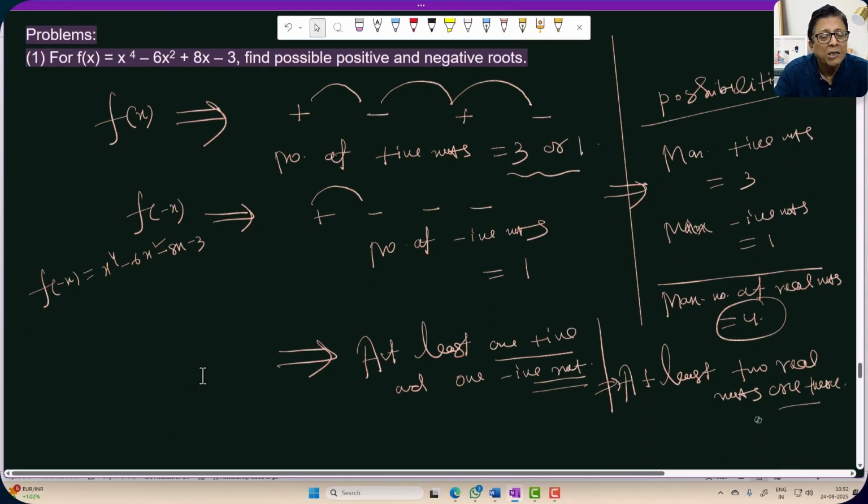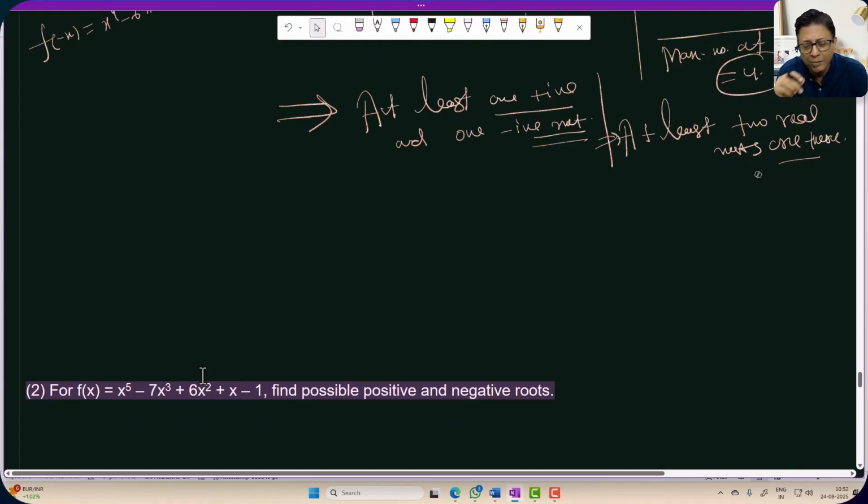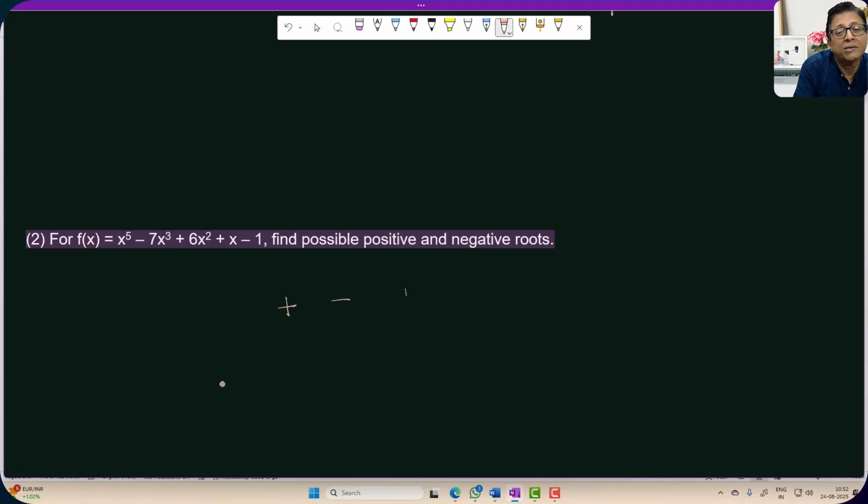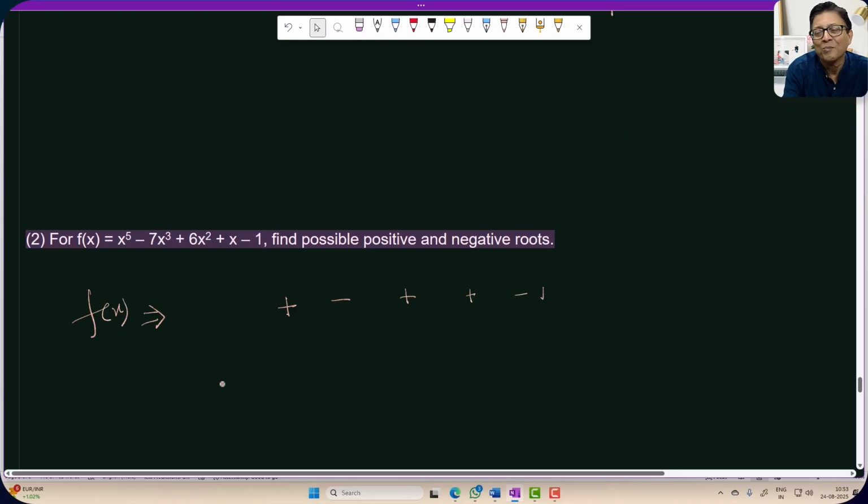Okay, let us go for the next one. f(x) equal to this, find the possible positive and negative roots. What are the signs of f(x)? Plus, minus, plus, plus, minus. This is for f(x). Now f of minus x is what?